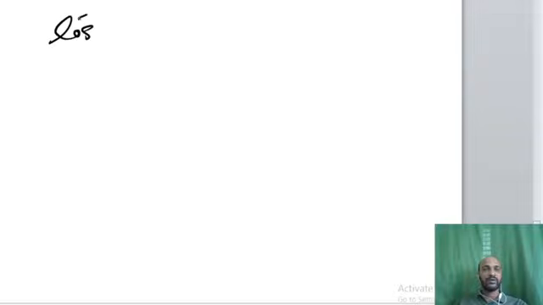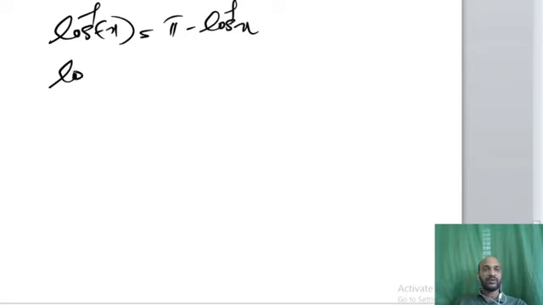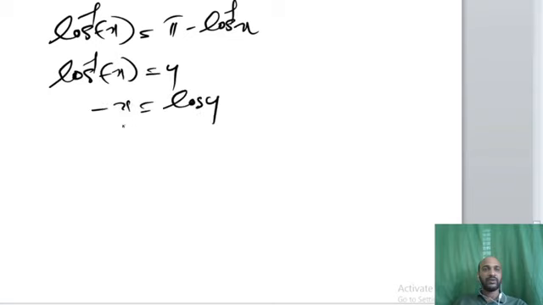We can prove cos inverse of minus x equals pi minus cos inverse of x. Let us consider the left hand side. Cos inverse of minus x equals y. Then what is minus x? Minus x will be cos y. So x will be minus cos y.